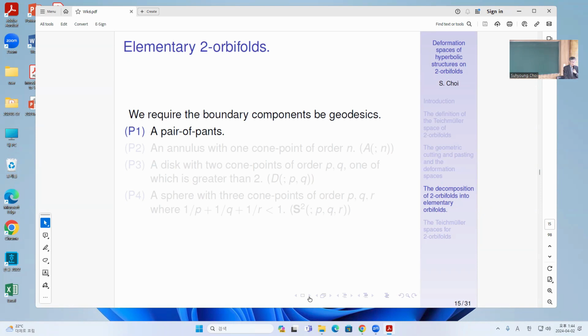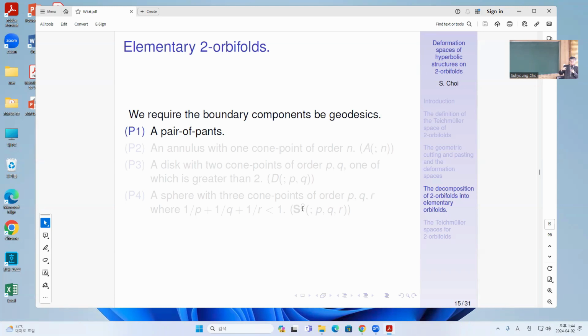So the first one is a pair of pants. A pair of pants is topologically the smallest sort of surface, because you cannot cut it any more. If you use any more simple closed curve, then it will bound some sort of annulus with a boundary component. The way to see it is because a pair of pants is a disk with two punctures topologically.